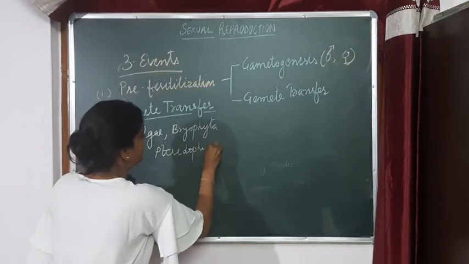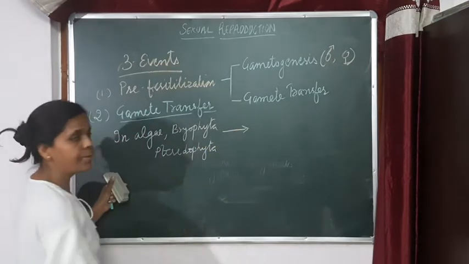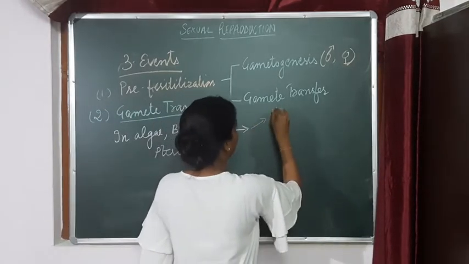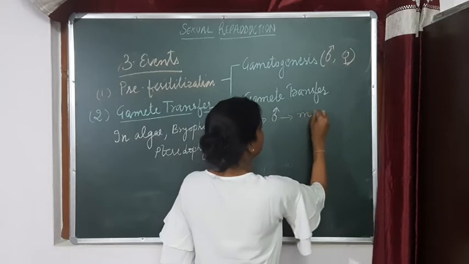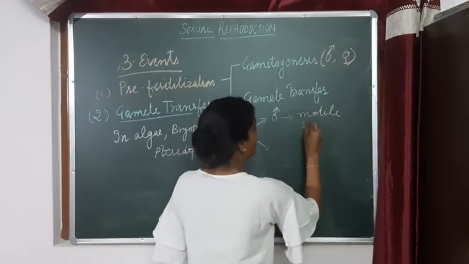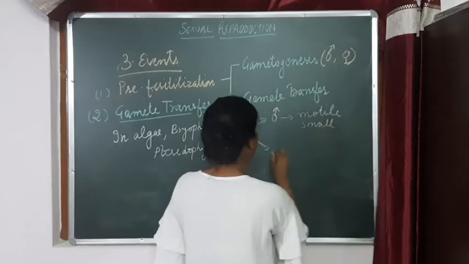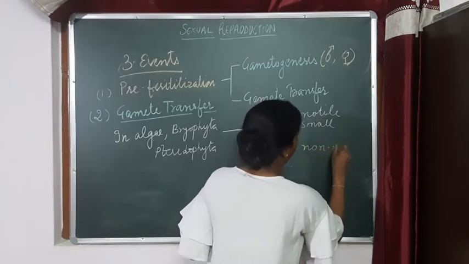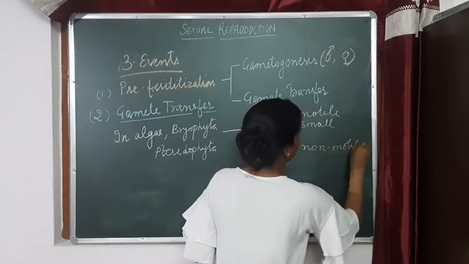In these, the gametes are formed, right? The male gamete is motile and small in size, and the female gamete is non-motile and a little larger in size.